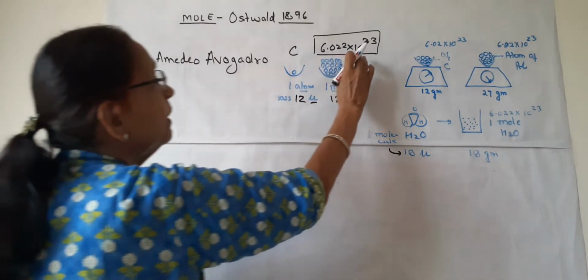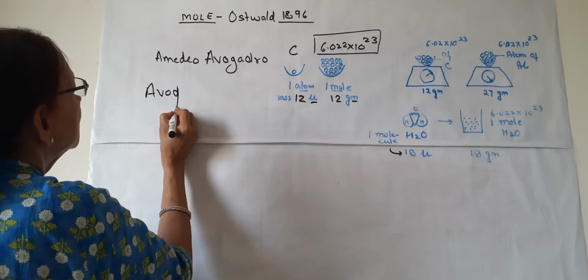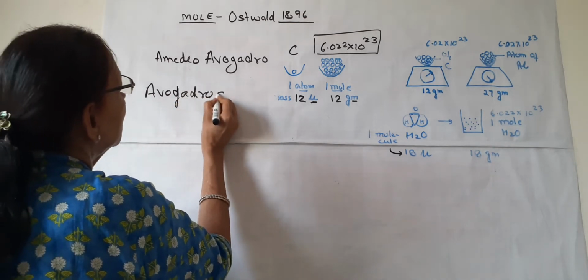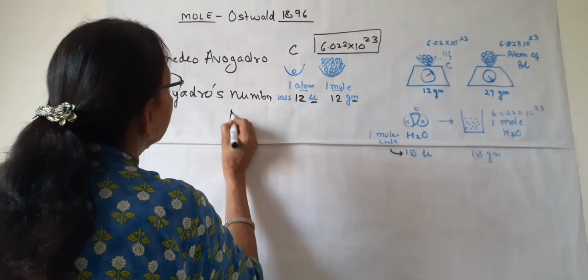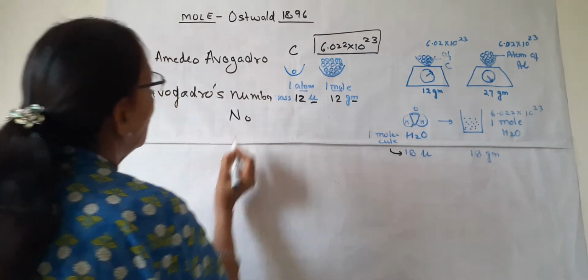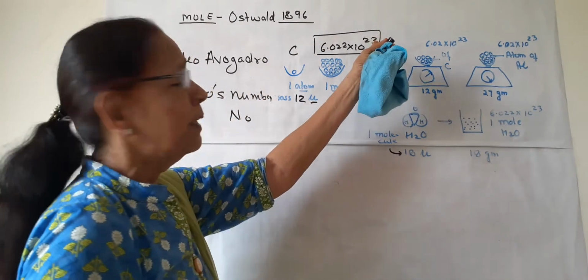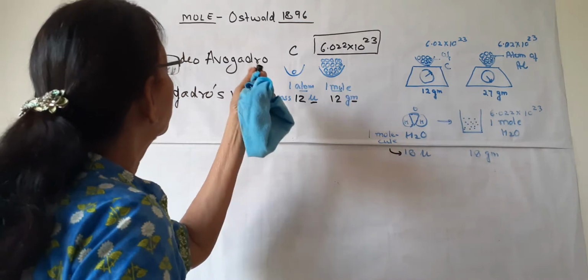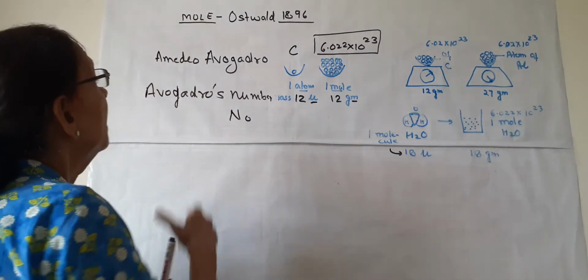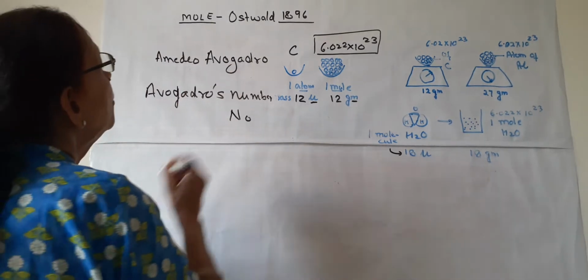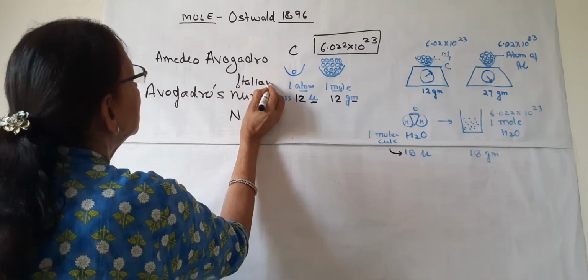So this number is known as Avogadro's number, and in short it is written as NO. So this number 6.022 times 10 to the power 23 is known as Avogadro's number after the name of the scientist Amedeo Avogadro, who was an Italian scientist.